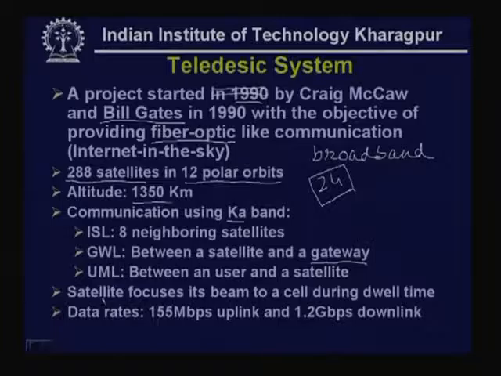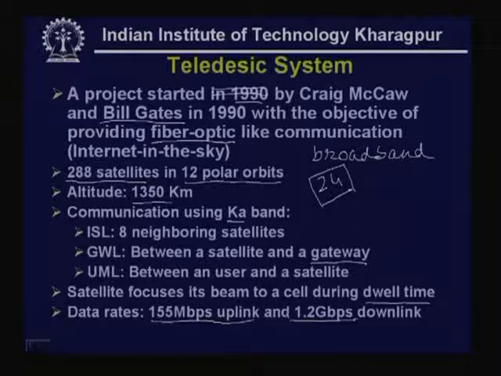And as we have already discussed, the satellite focuses its beam to a cell during a dwell time, and it allows data rates of the order of 155 megabits per second for uplink and 1.2 gigabits per second for downlink.